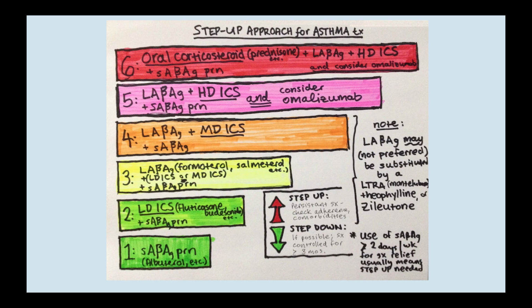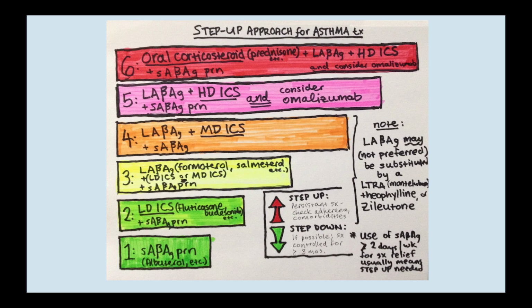Okay, so again, here's your step up approach, going into some of those other drugs that we talked about. So when do you step up? You're going to step up if you've got persistent symptoms despite the medications that they're on. The very first thing you want to do is check their adherence. Make sure, if it's a kid, that they're using their inhaler properly.